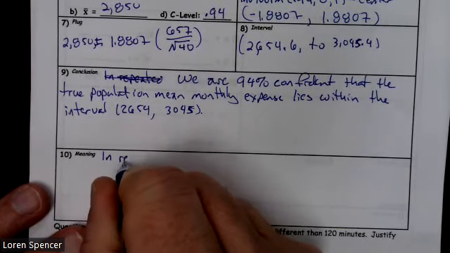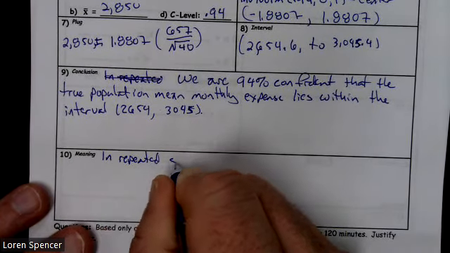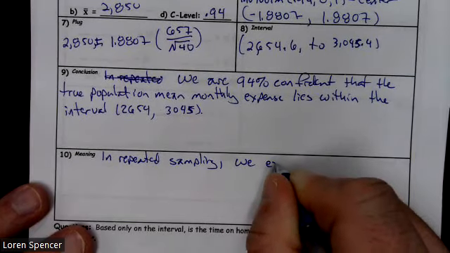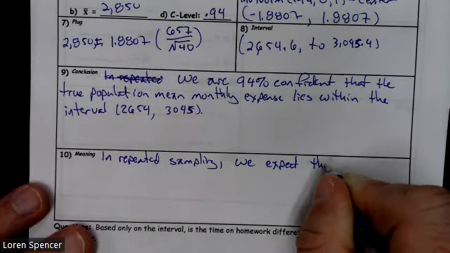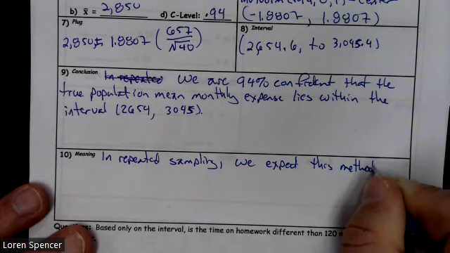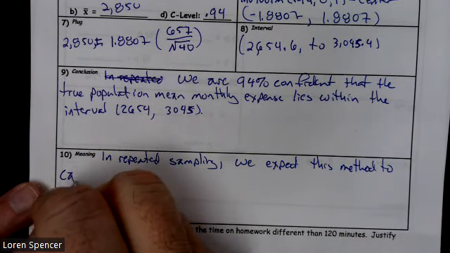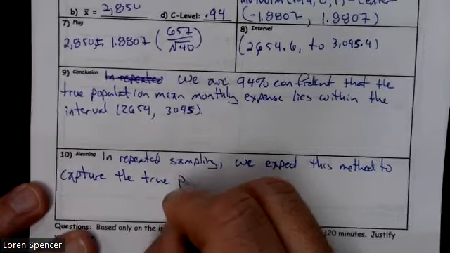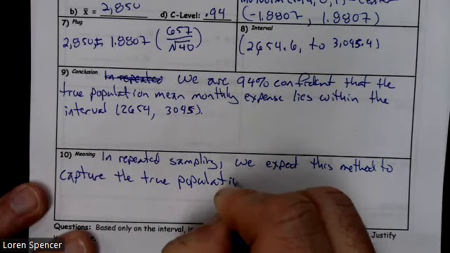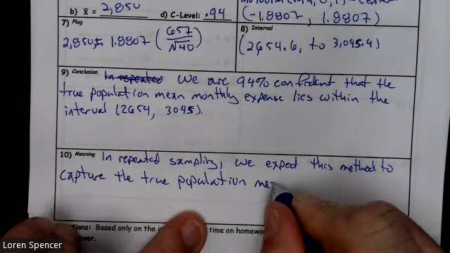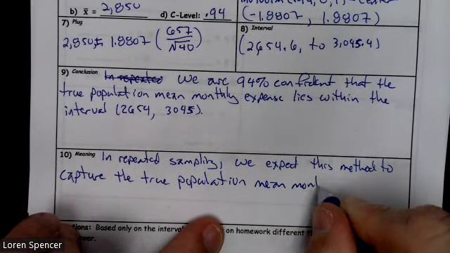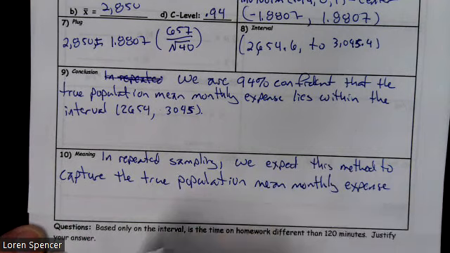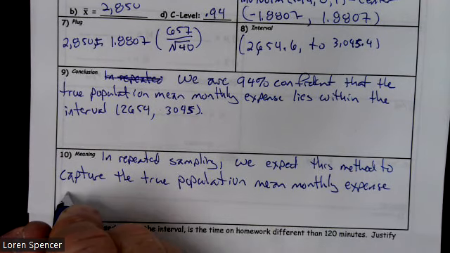So in repeated sampling, we expect this method to capture the true population mean monthly expense. How much of the time? 94% of the time.